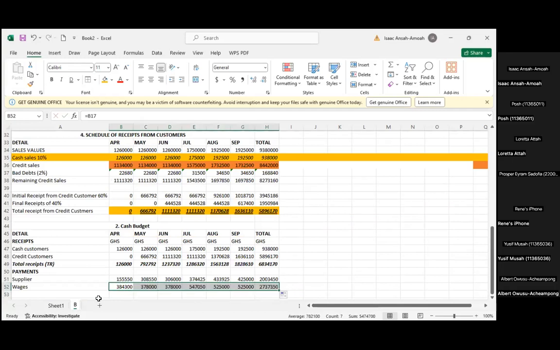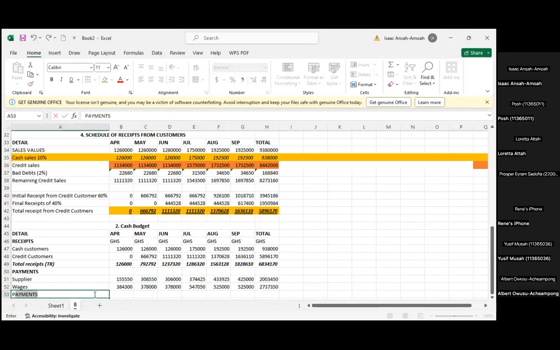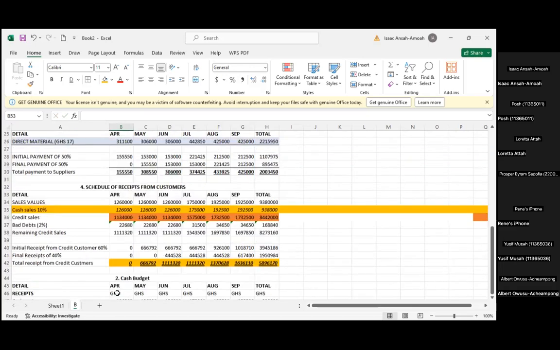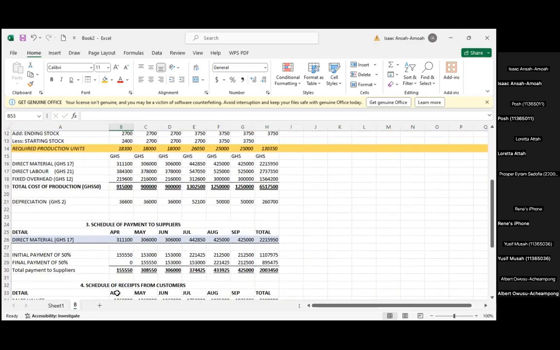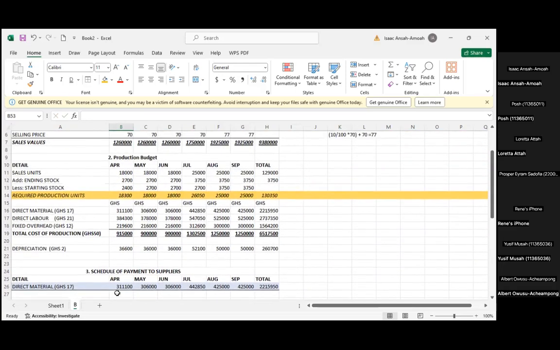Okay. Then the last payment bit is production overhead. We are guided that overheads include an allocation of depreciation. So before we report overhead in the cash budget, we have to take away depreciation. So we go back to our production budget.